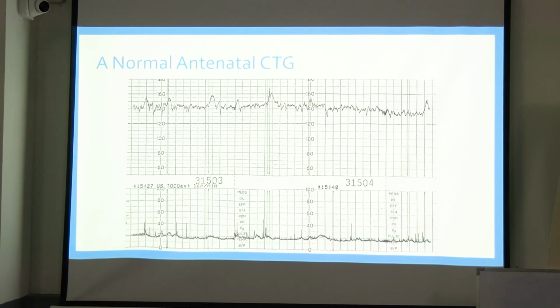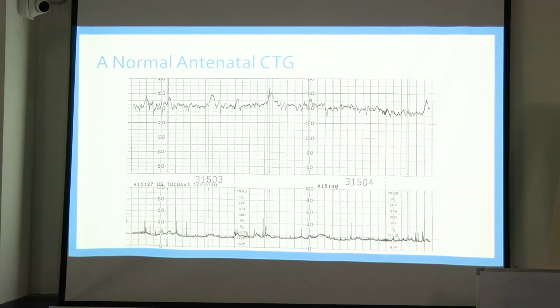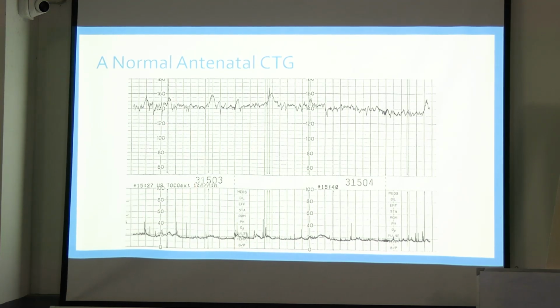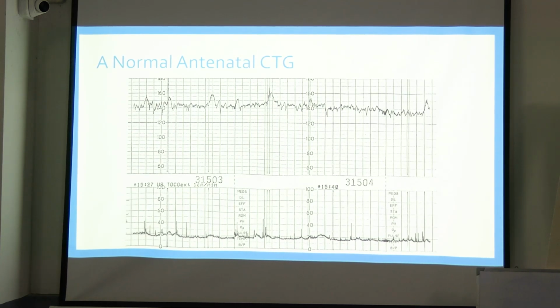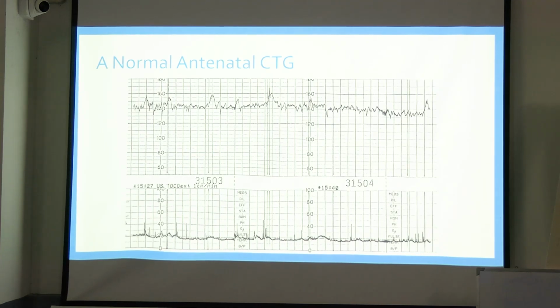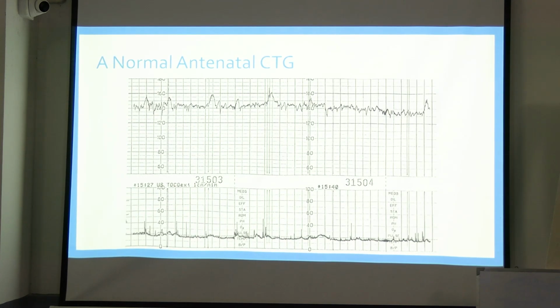Okay, but there is acceleration also. You can see here acceleration is there, and here acceleration is there. This tracing is 1 centimeter per minute. So this small box is equal to 30 seconds. What we call a good acceleration is a rise of fetal heart rate of more than 15 beats per minute lasting for more than 15 seconds.